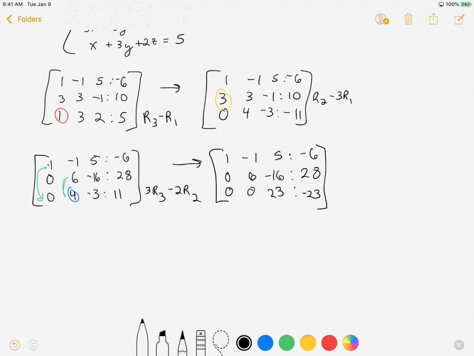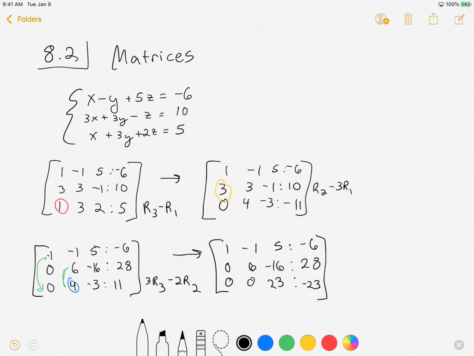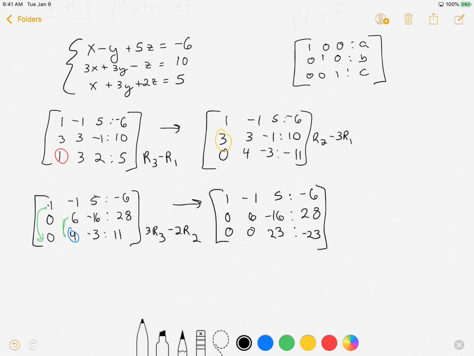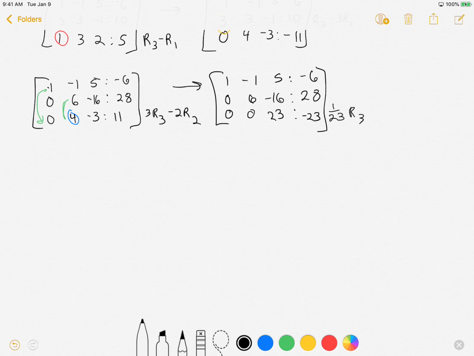Now that last row is almost in the correct form. Again, to go to row reduced echelon form of these, we want to shoot for this. I talked about that in the last video. Okay, so the last row is almost there. All we got to do is divide by 23, or multiply by 1 over 23.